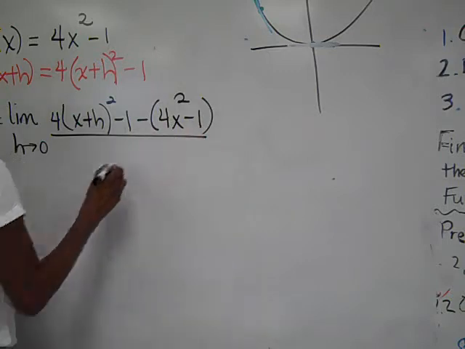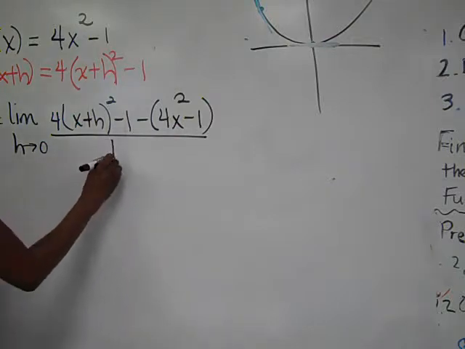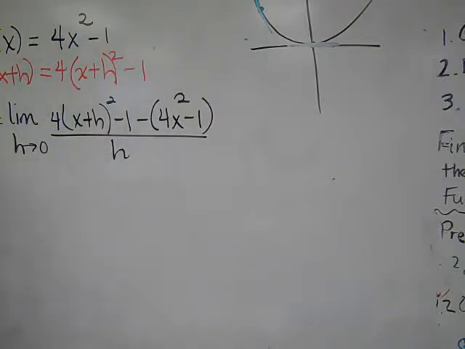Yes, we go backwards. All over h. Now, the f of x plus h always goes first? Yes. We're using our definition of derivative, and that's going to go first.